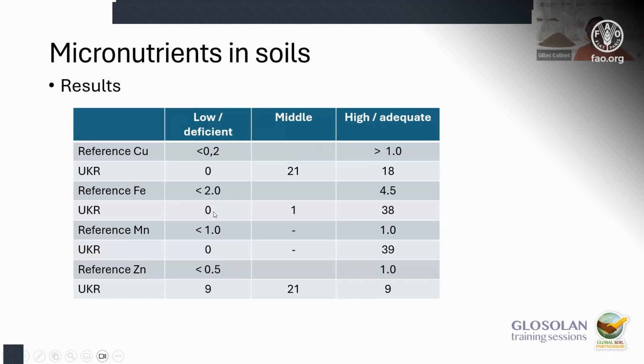The same for iron. The iron content is even much higher than the levels that were found in Alberta. Manganese too. And regarding zinc, there might be a little bit, 9 out of 39, which should be classed as risk of deficiency.